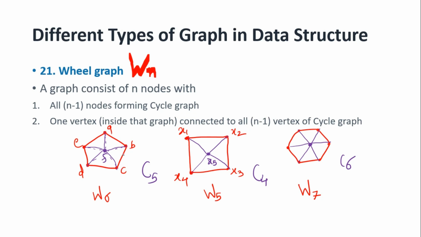Now for C5, a cycle graph of 5 vertices, if I introduce one new vertex which is connected to all vertices of your C5 cycle graph, then we will get a total of 6 vertices, and this will be a wheel graph of 6 vertices. So this is also a wheel graph where the total number of vertices is 7.